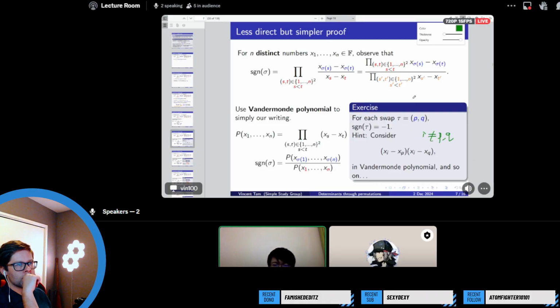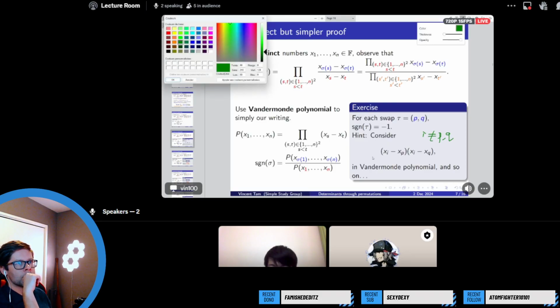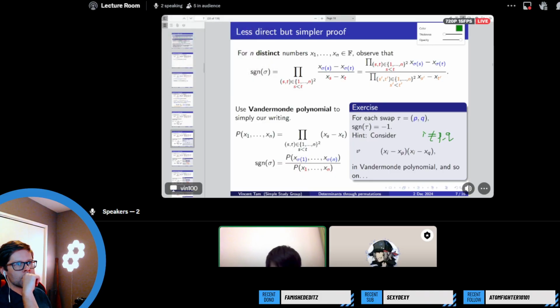Of course, you can repeat for other cases, for example this is the case when I is smaller than P and Q. And then you can repeat with other cases, and you will find that for the 3 types of cases, the sign of those pairs don't change.